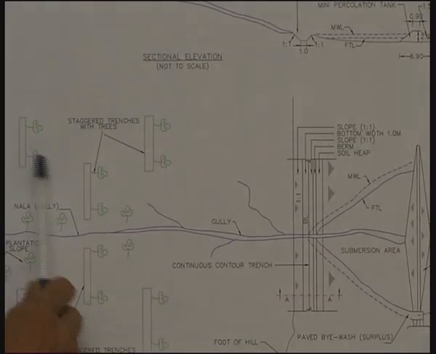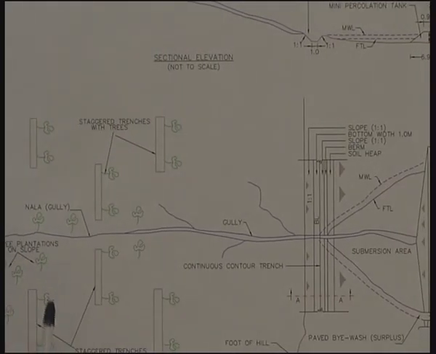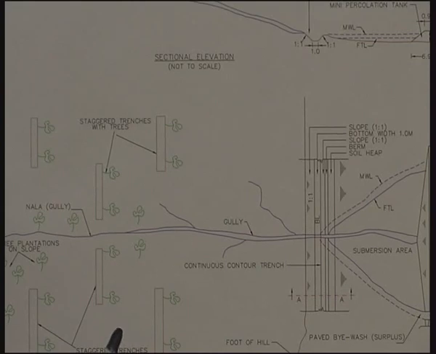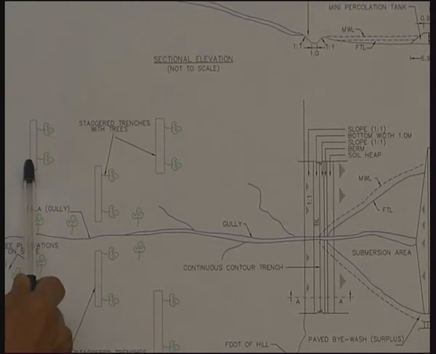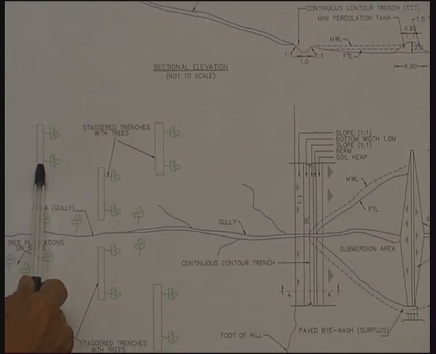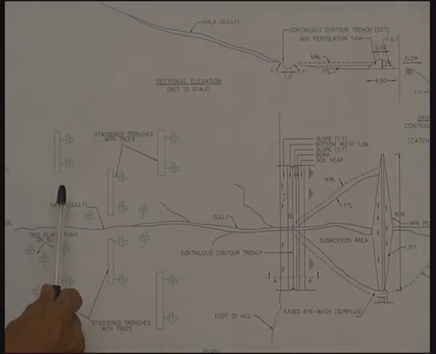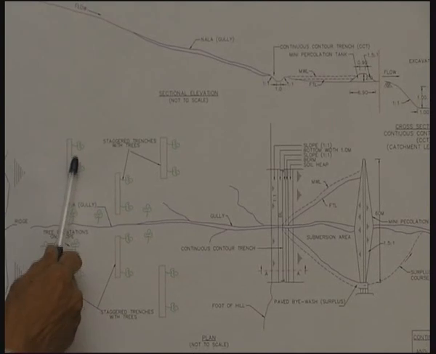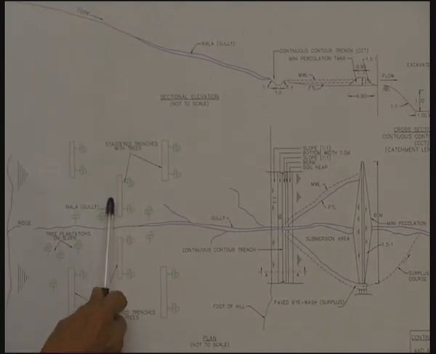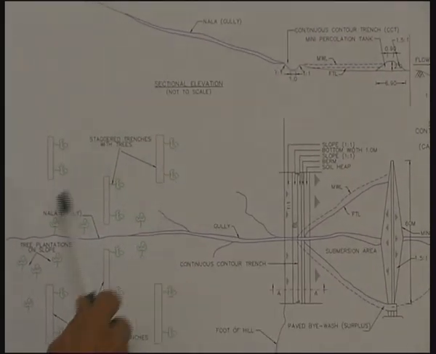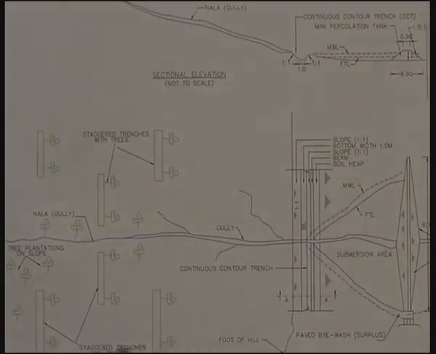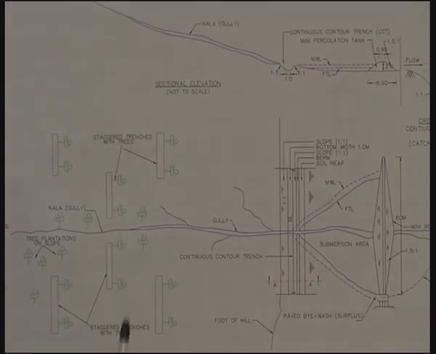Now, while excavating these staggered trenches, we have to follow the conventional practices done in the forest department. Along with the excavation of the trench, tree plantation will have to be done. The tree plantation is roughly indicated on the downstream side of the trench. Like that, the whole slope of the hill has got to be planted with trees.